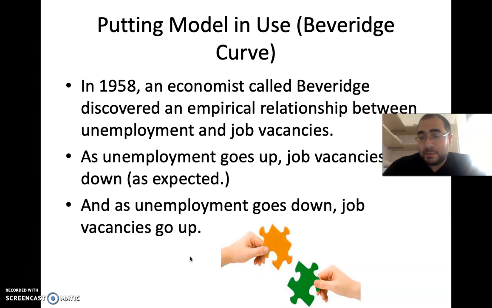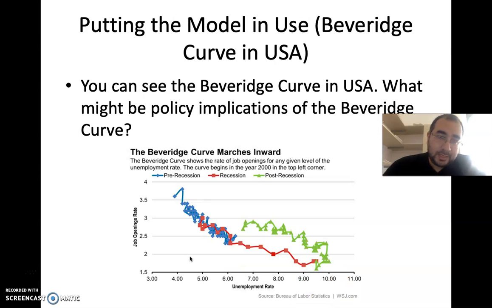And there is also a specific type of curve called the Beveridge Curve, which shows the relation between the vacant jobs and the unemployed people. You can see it here. For example, this part, job opening rate, that's the percentage of jobs that are open per total number of jobs, and unemployment rate, that's the percentage of unemployed per number of workforce.